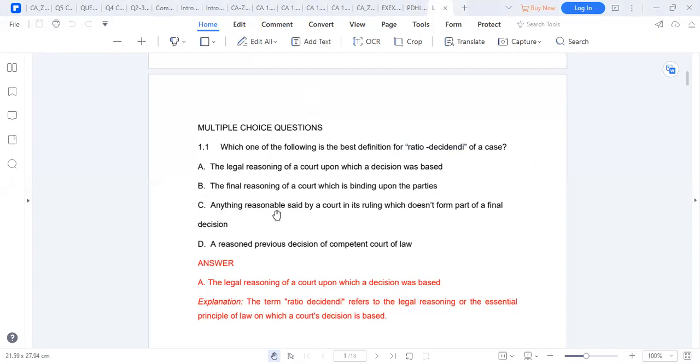Number 5, anything reasonable said by a court in its ruling which doesn't form part of the final decision. Number 6, a reasoned previous decision of a competent court. So which one is the answer of these ones?